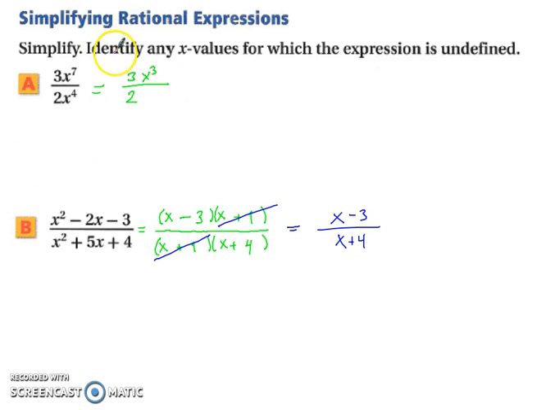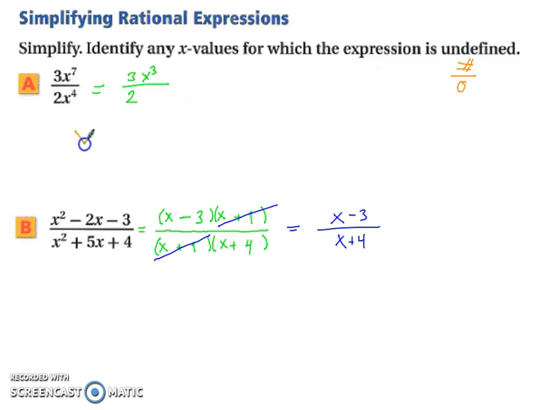We're going to also now identify any x values for which the expression is undefined. So this is when we're going to look at what we have before we simplified. So we have 2x to the 4th. Now to make something undefined, this is when you have some sort of a number divided by 0. So what value of x is going to make this 0?